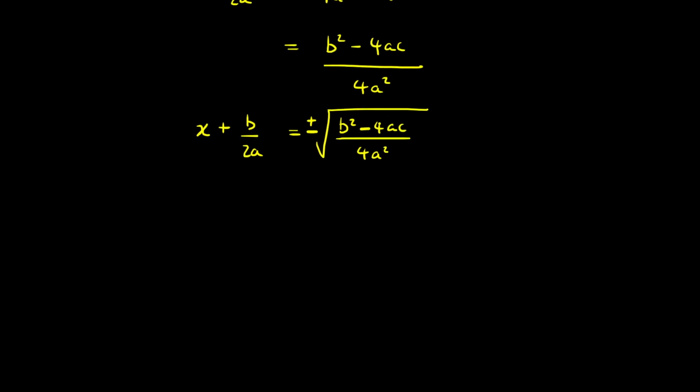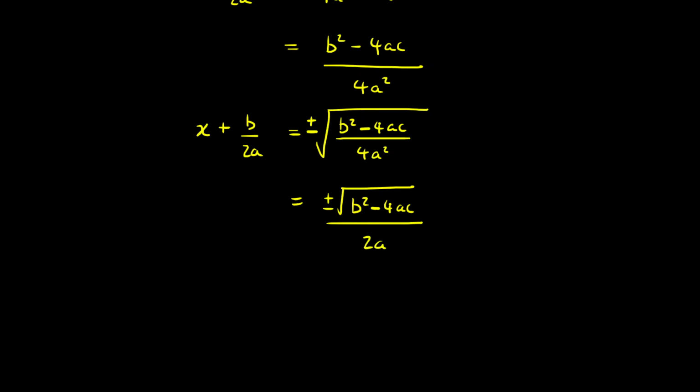Now, if we think about the denominator here, if I was to square root that, then I would get 2a. So I can rewrite the right-hand side as plus or minus the square root of b squared minus 4ac, all divided through by 2a.